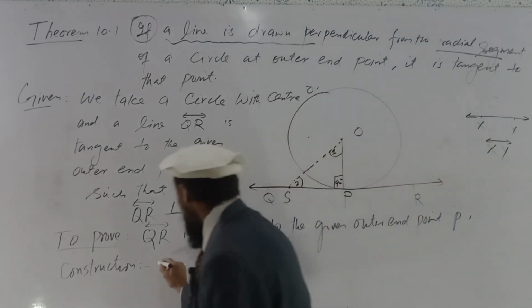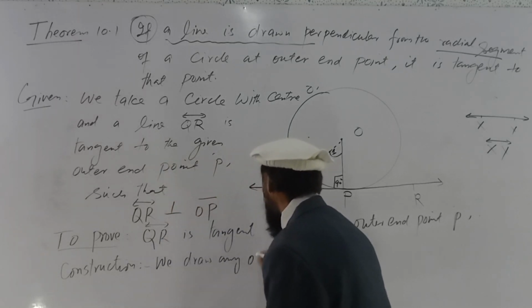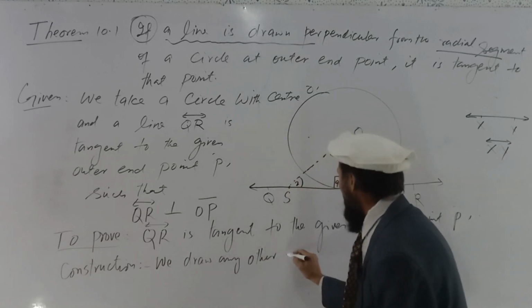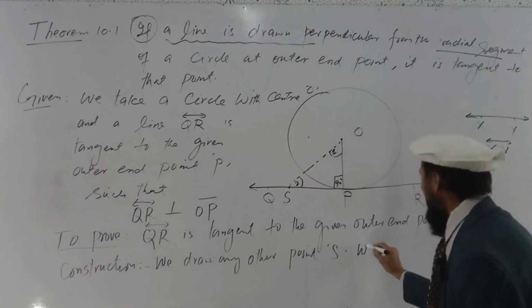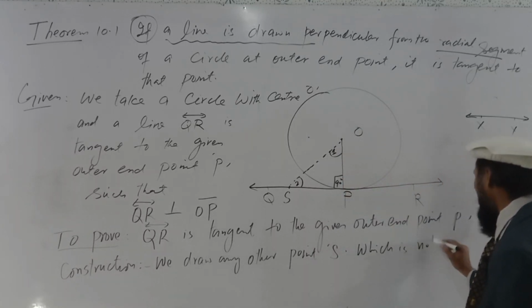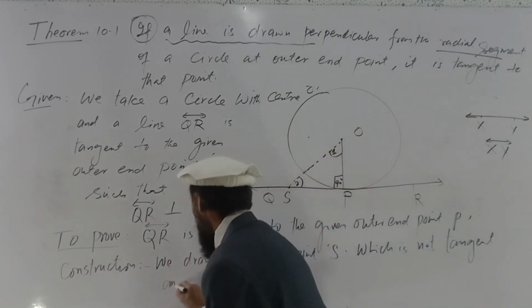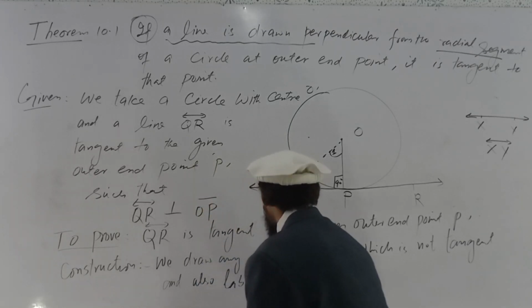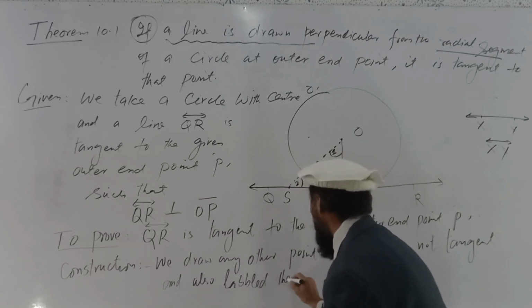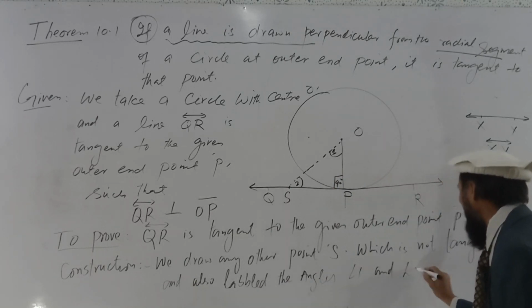So now we draw any other point S which is not on the tangent, and also label the angles angle 1 and angle 2.